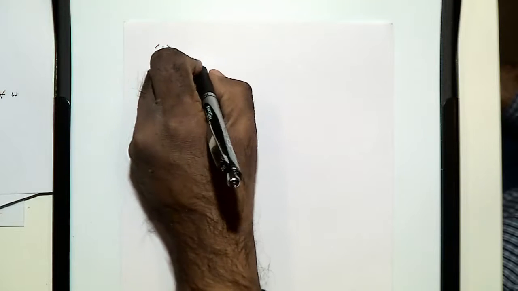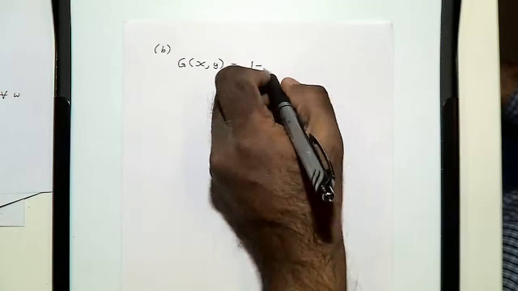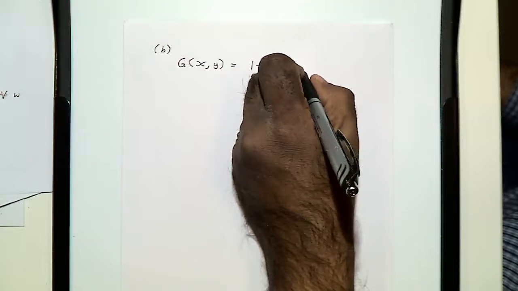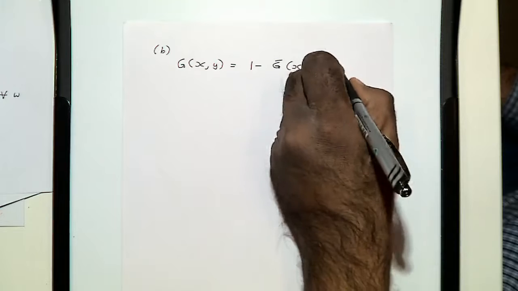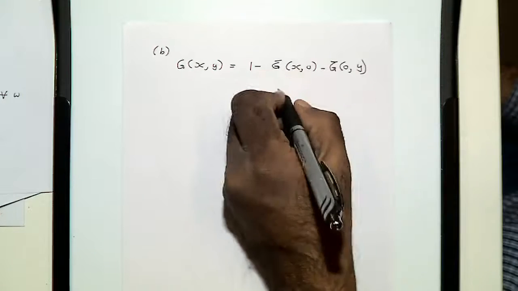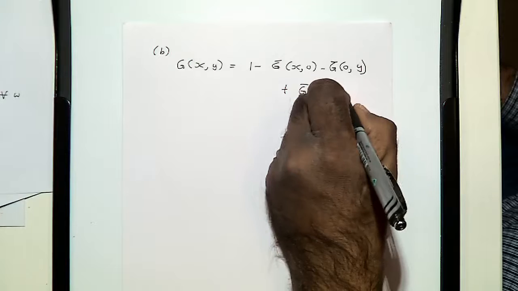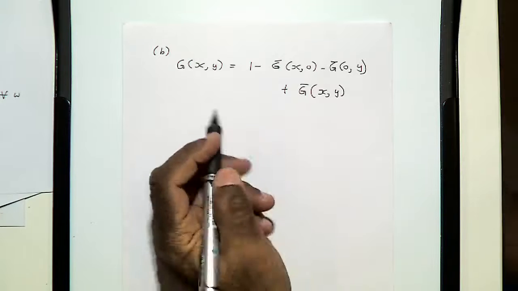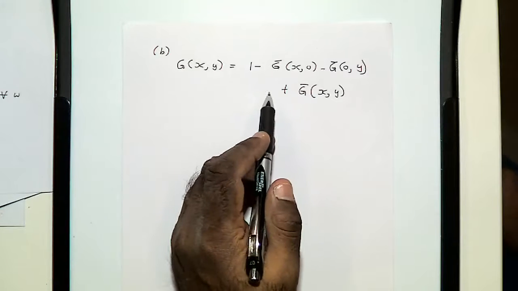G of x comma y, right? Yeah, and you may recall this is a formula I gave you some time ago. That is the relationship between the joint CDF and the joint survival function.